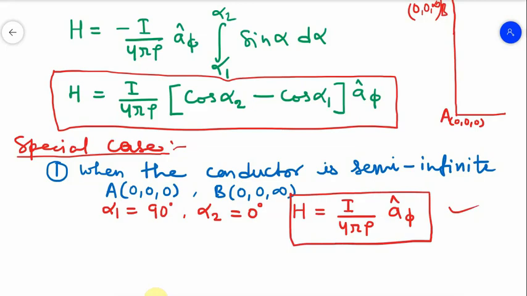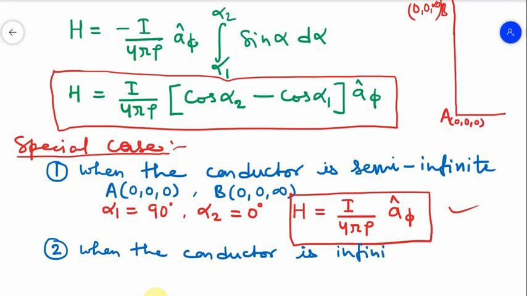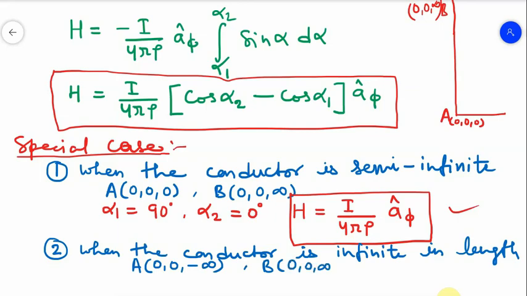Okay, and the second condition is when the conductor is infinite in length. So if it is infinite, then this A point will be at 0 0 minus infinity, means this A point will go down, and this B point will be at 0 0 infinity.